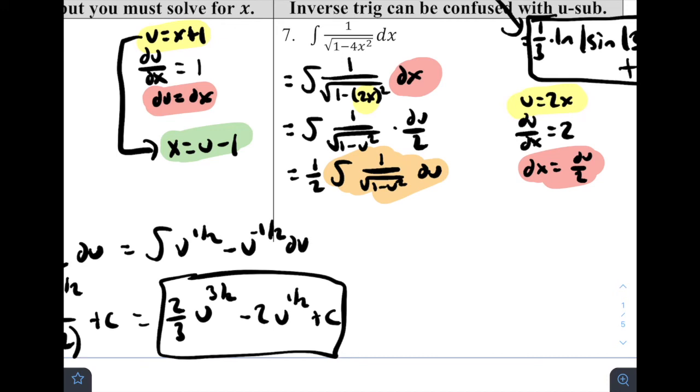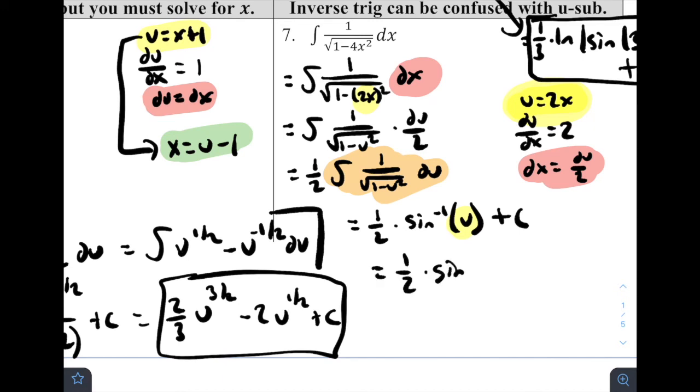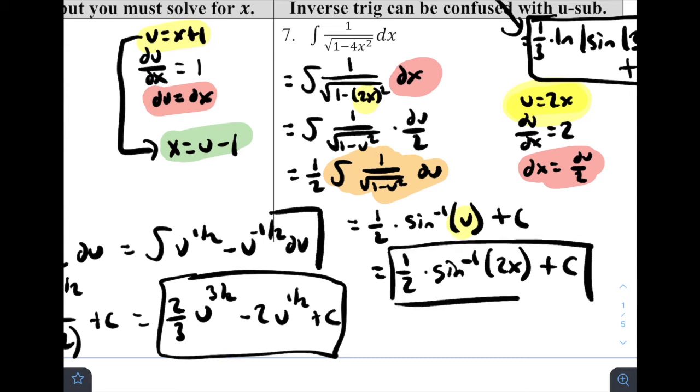In fact, it is the arc sine. So knowing that and recognizing that, that's going to be equal to 1/2 times the arc sine of u plus c. And then we're going to plug back in for our u value. We know that u was 2x here. And so our final answer for this one is 1/2 times the arc sine of 2x plus c for problem number 7.